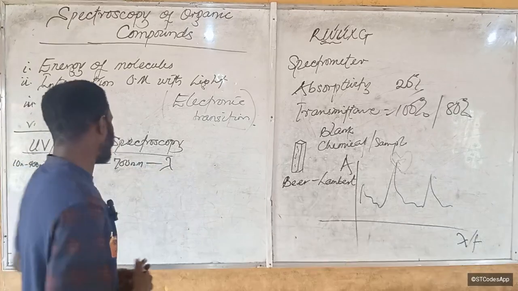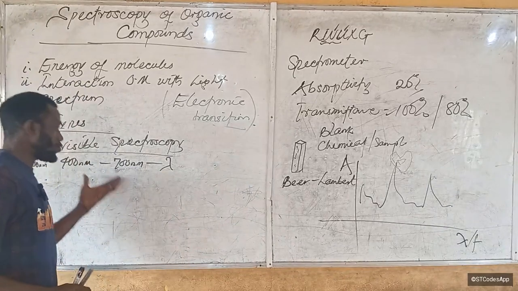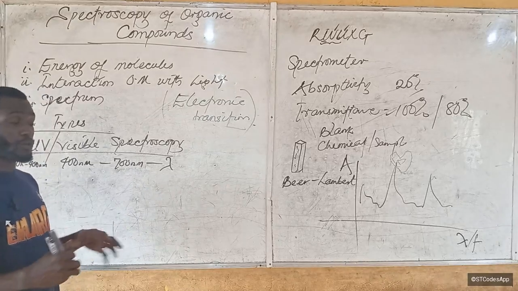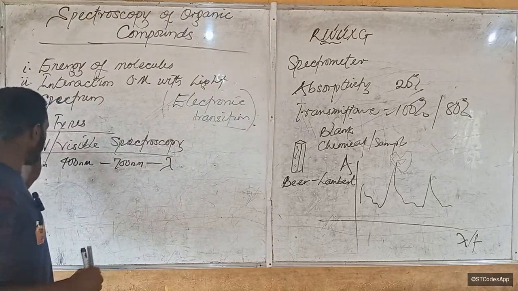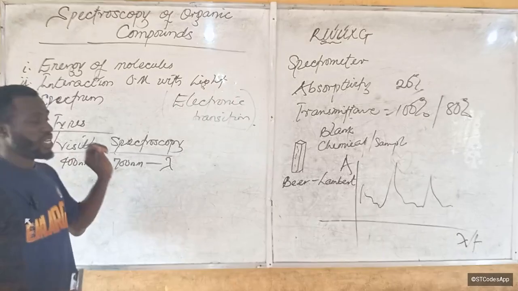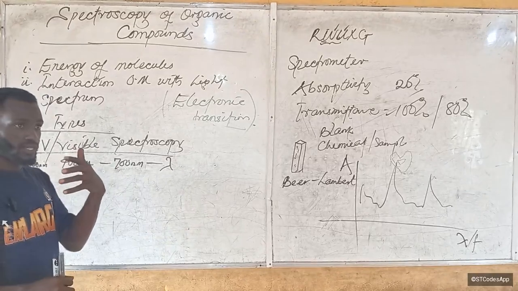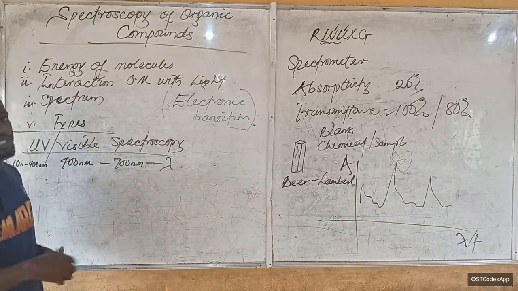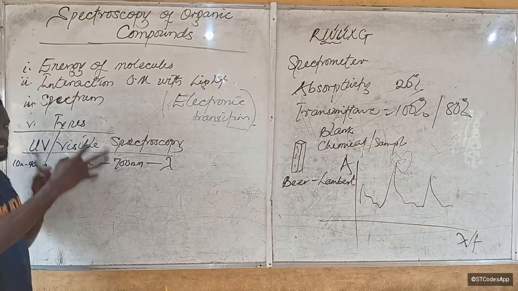So now in the UV spectrometry, it is usually used to measure the absorption of UV or visible ray that a molecule or chemical exhibits. Okay, how much visible ray it absorbs.